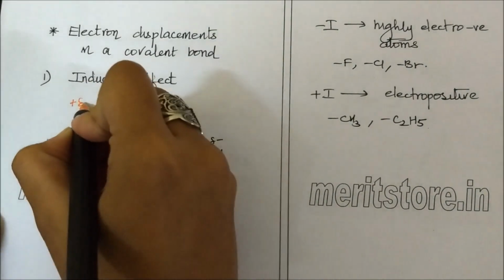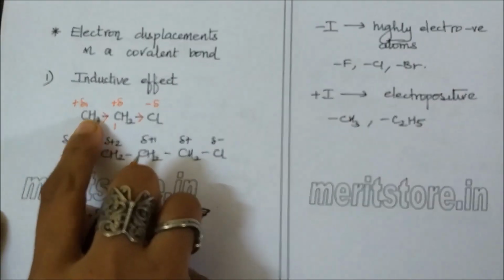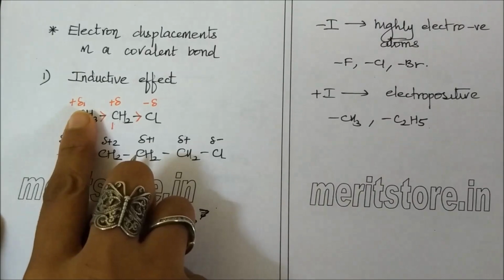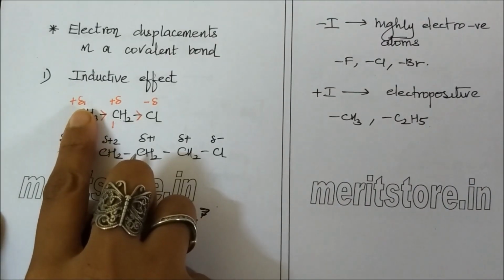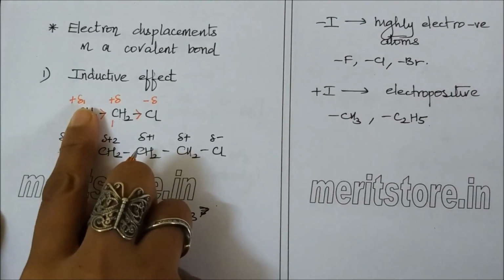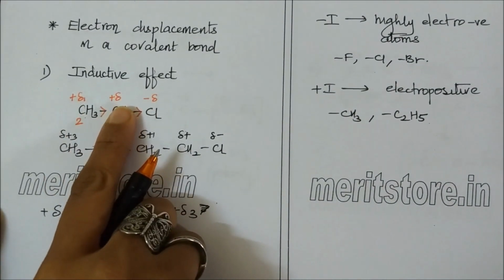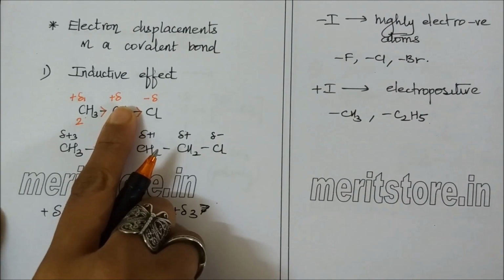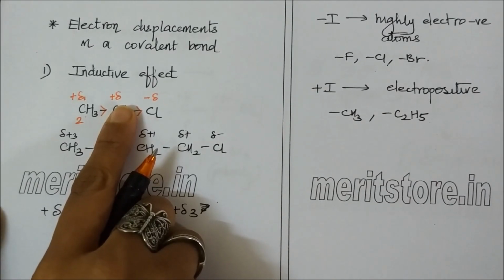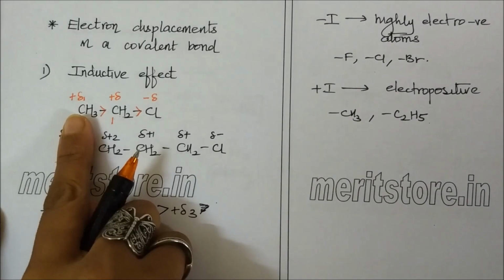Hence, carbon 2 develops a partial positive charge. This partial positive charge is smaller than delta plus because it is further away from chlorine.